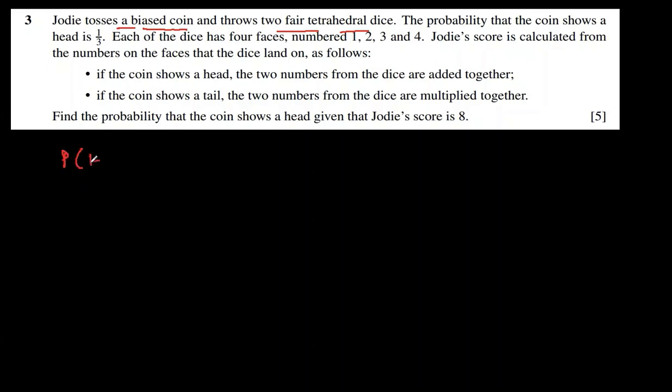So the probability of head is 1 over 3. That means the probability of tail will be 1 minus 1 over 3, which is 2 over 3. Each of the dice has 4 faces, numbered 1, 2, 3, 4. Since each one is a fair die, the probability of 1, 2, 3, 4 each is 1 out of 4.